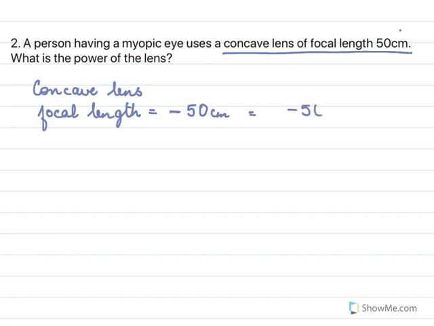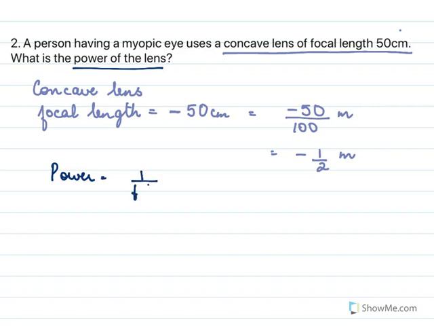So this will be minus 50 over 100 meter. So when I cancel this, it will be minus 1 by 2 meter. Now I need to calculate the power of the lens. So power equal to 1 by F, but it should be in meters. So that will be 1 over minus 0.5, or we could put it as minus 1 by 2.